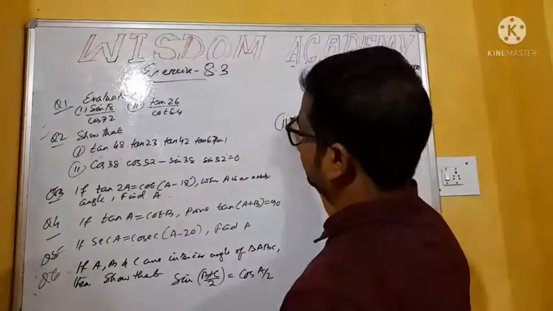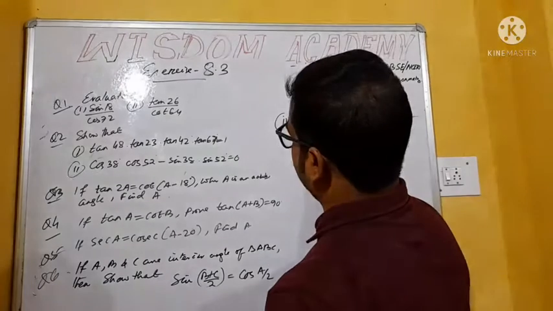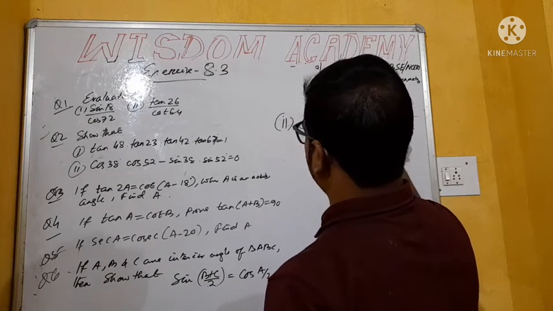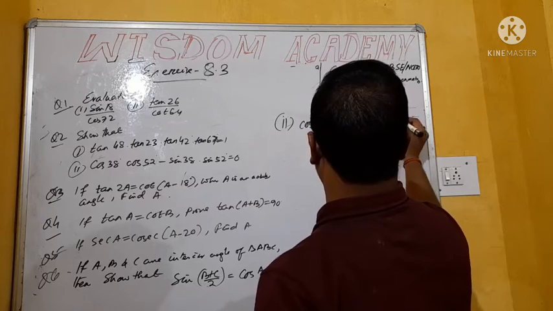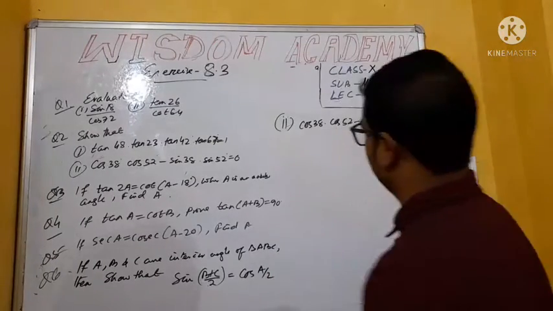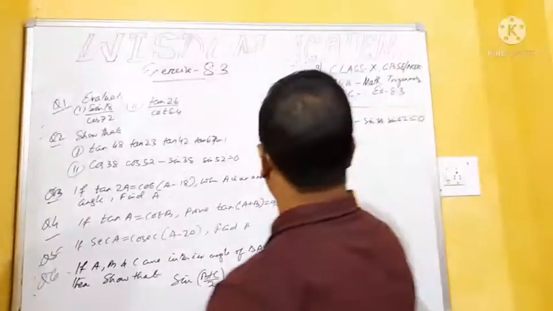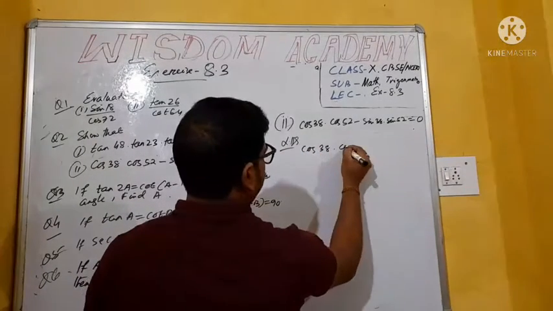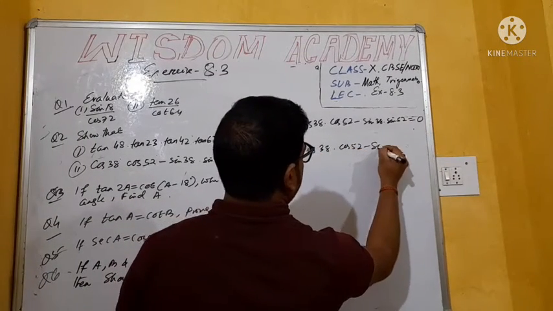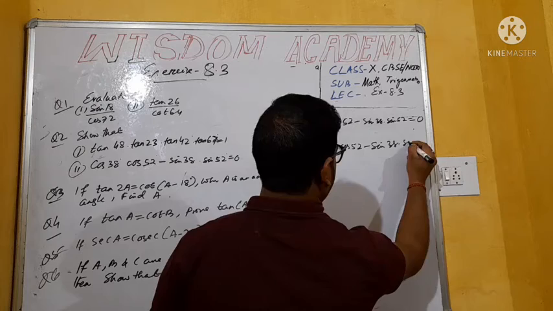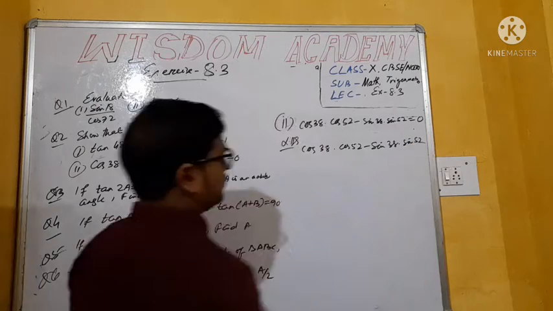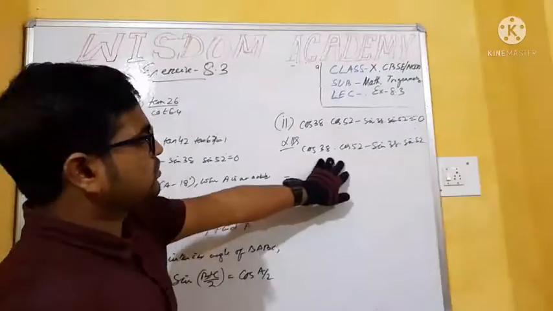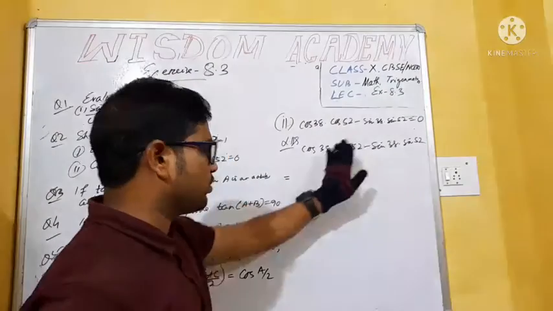Next, prove that cos 38 cos 52 minus sin 38 sin 52 is 0. Let us start with the LHS. Write down cos 38 into cos 52 minus sin 38 into sin 52. Students, we can convert cos to sin or sin to cos.